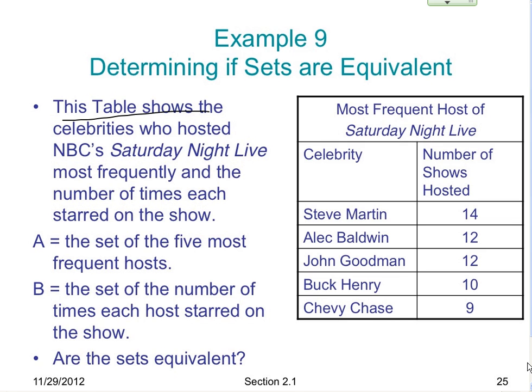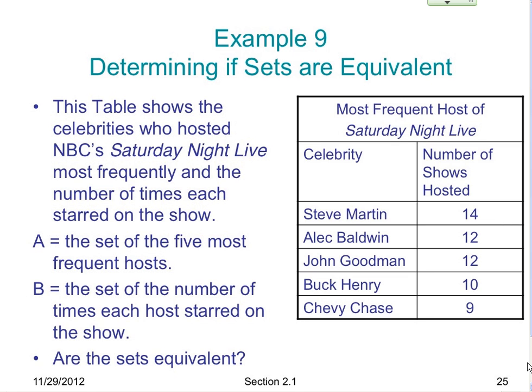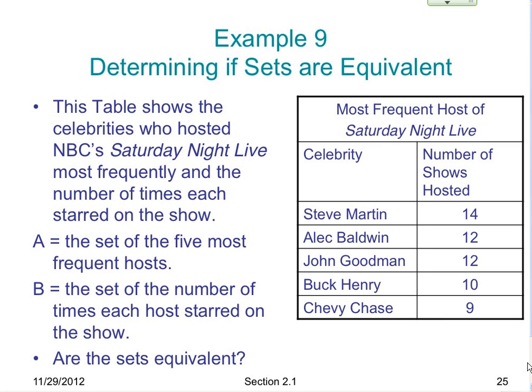This table shows celebrities who hosted NBC Saturday Night Live most frequently and the number of times each starred on the show. Set A is the set of the 5 most frequent hosts, right here. Set B is the set and number of times each host starred on the show, right here. Are the sets equivalent? Well, set A, it has 1, 2, 3, 4, 5 elements.